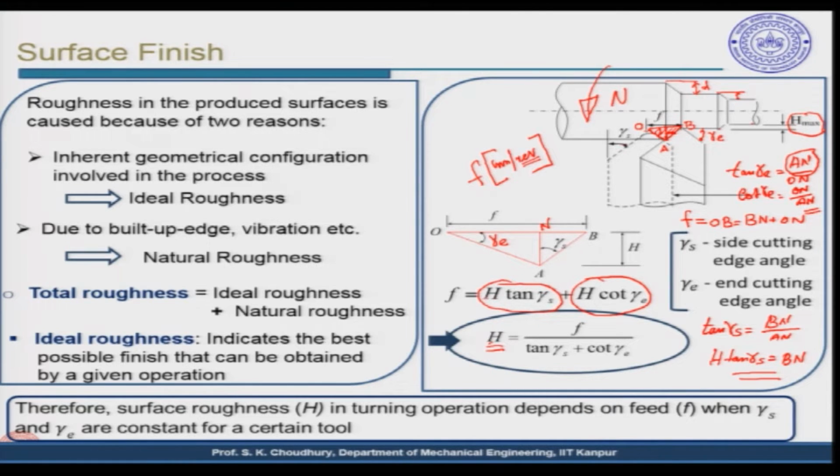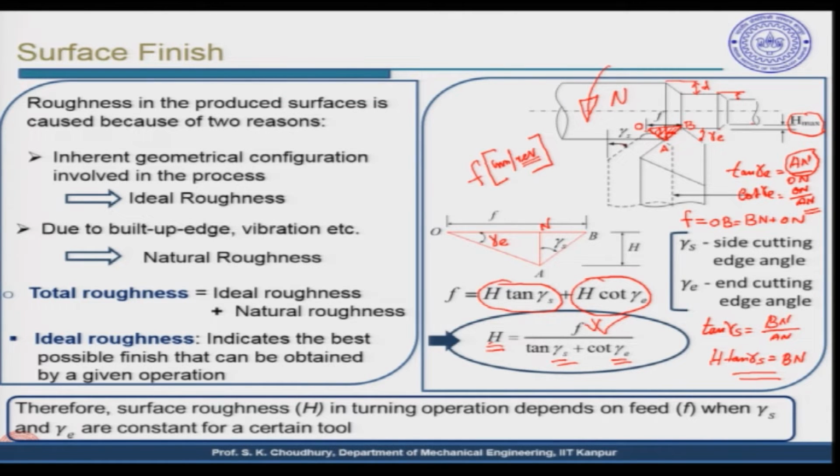From this equation you take h common, and h is equal to f divided by tan gamma S plus cot gamma E. Now, this is important because if we are having the turning process with a sharp tool, then this is how we can control the surface roughness, because the surface roughness basically depends on the feed, since the other factors are inherent. We have selected a particular tool where gamma S and gamma E are fixed.